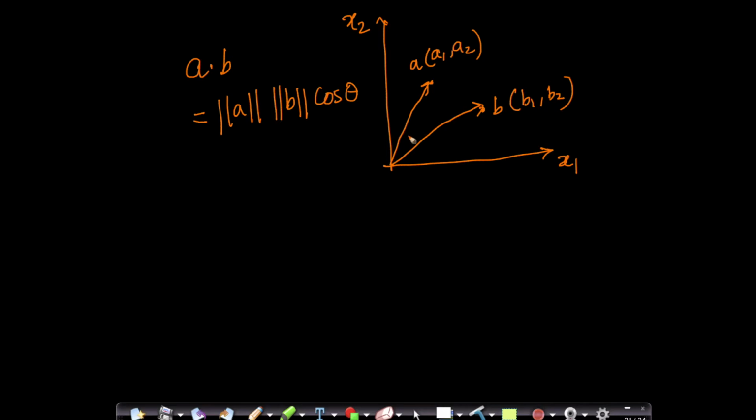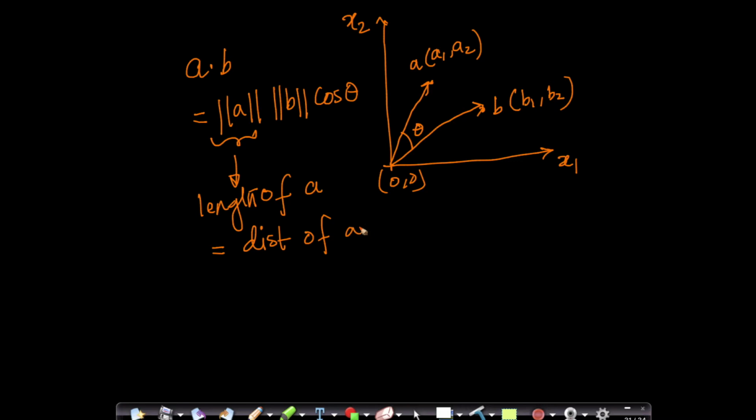Let's assume the angle between A and B is theta. This is the length of vector A, and this is your origin, so the length of A is nothing but the distance of A from the origin.